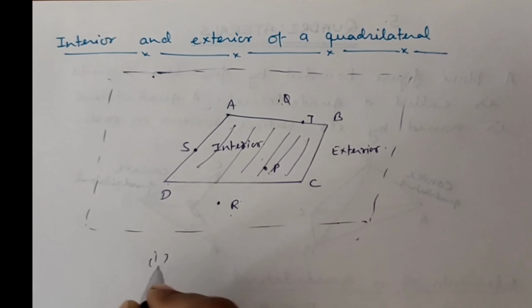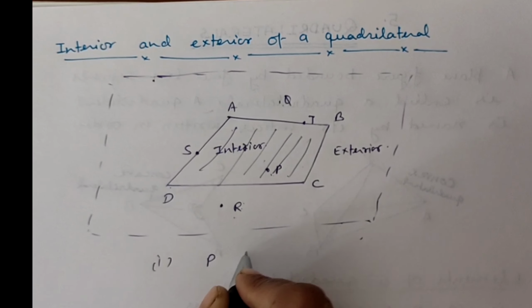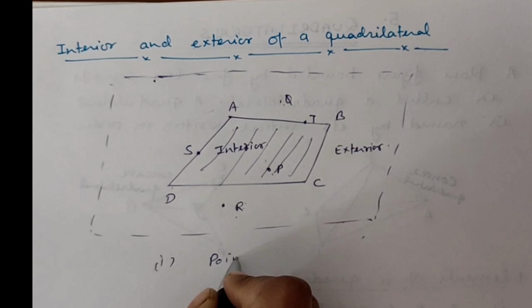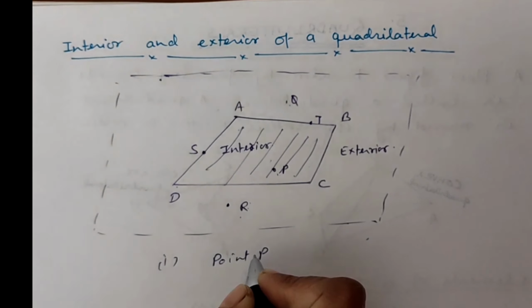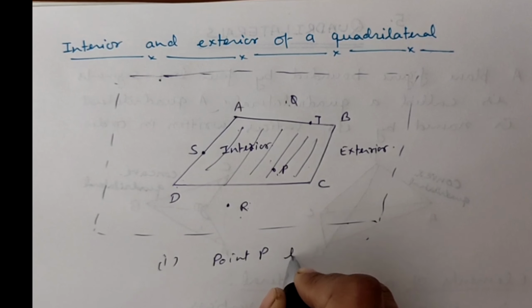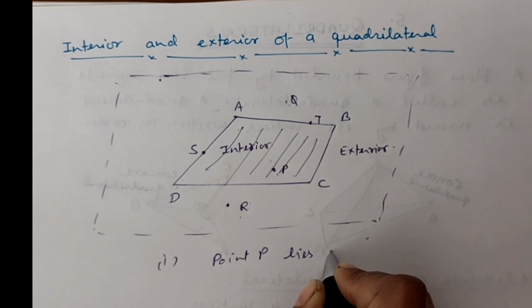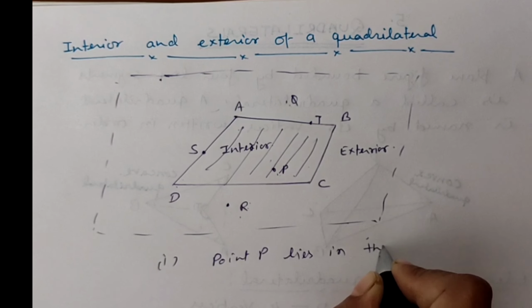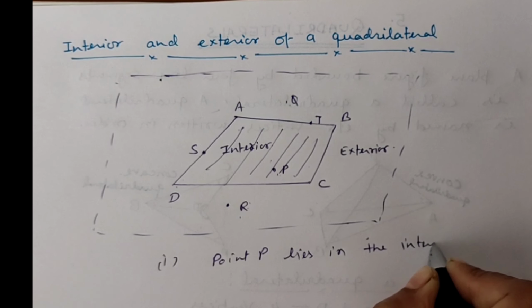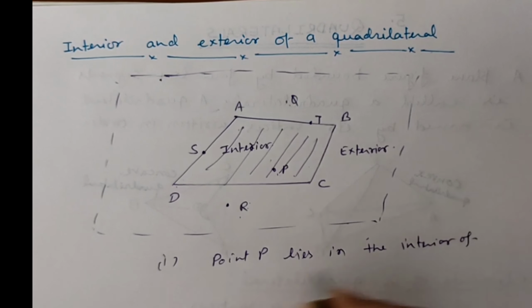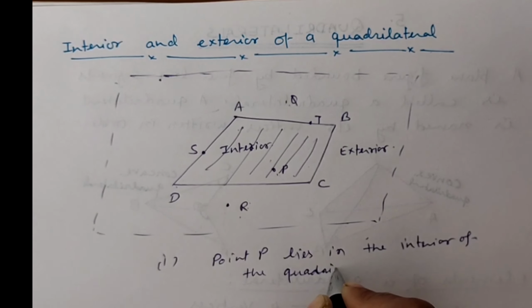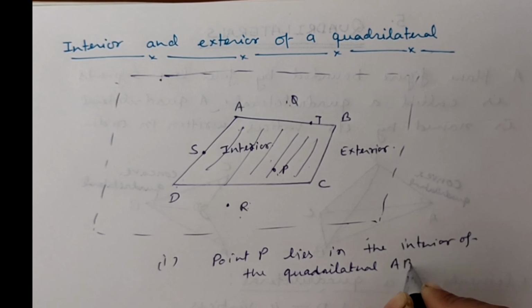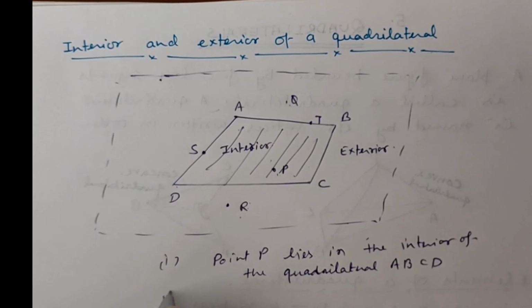First you can write here: point P lies in the interior of the quadrilateral ABCD.